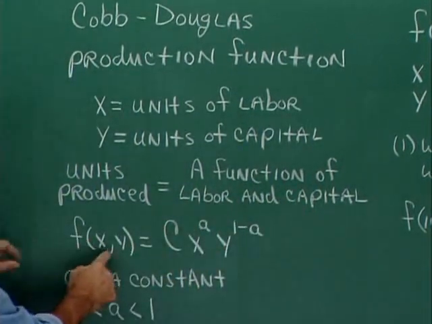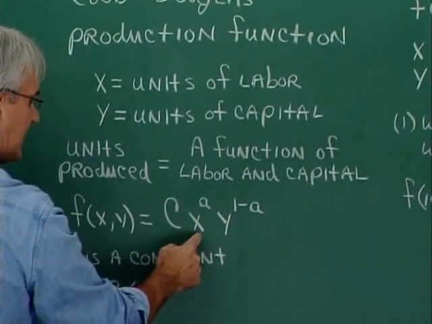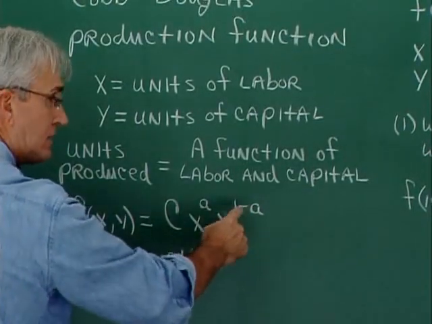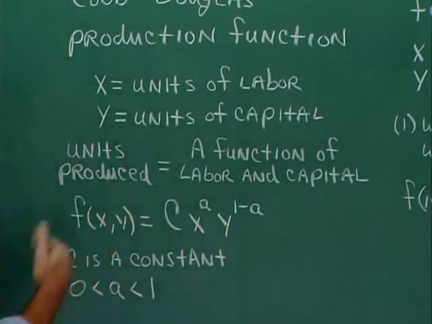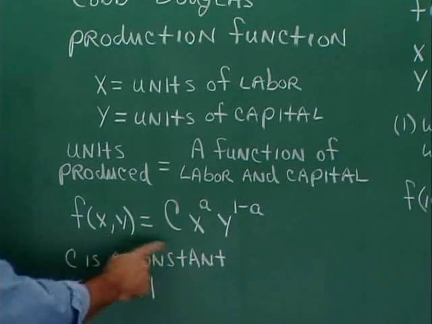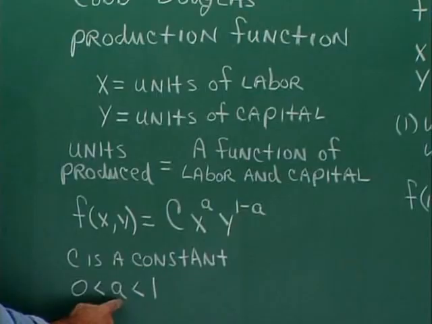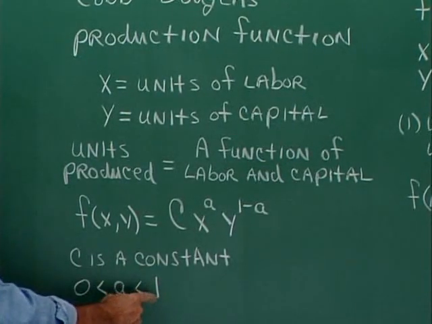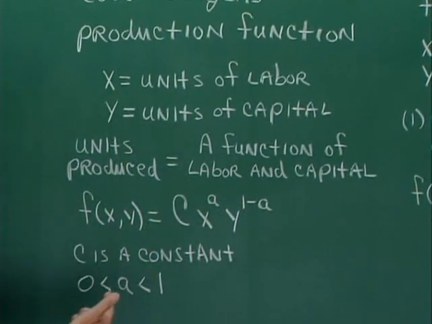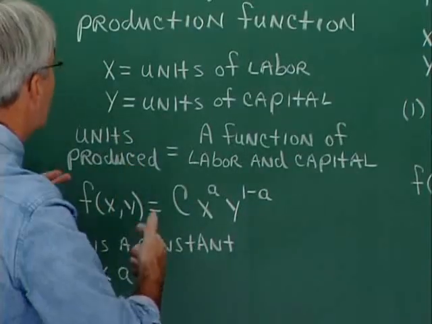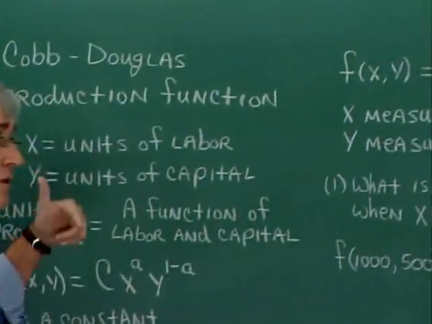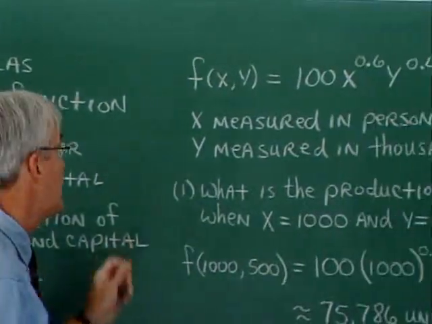And f(x, y) is then C times x to the a, y to the 1 minus a. This is the form that this family of functions appears in. C is a constant, and a is a number between 0 and 1. A particular function in this Cobb-Douglas production function family would be this as an example.